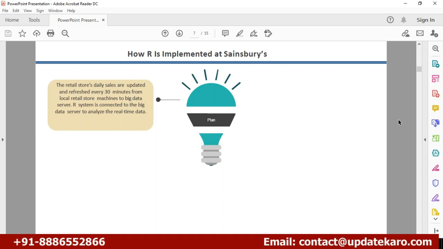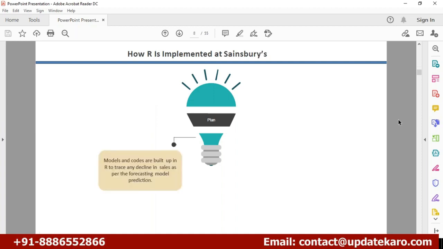So our system is connected to the big data server to analyze the real-time data. Okay, so what happened? Every 30 minutes data is coming, and this data is connected to the big data server, and R is connected to the big data server. So you are getting real-time analysis.